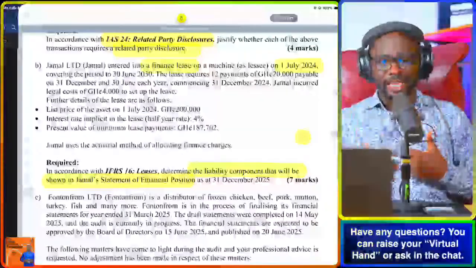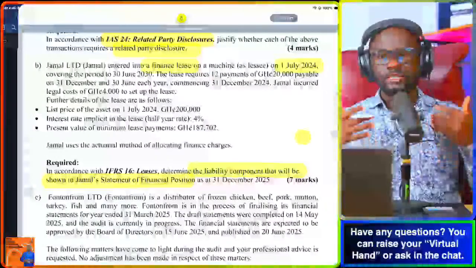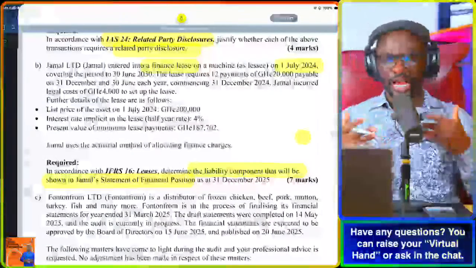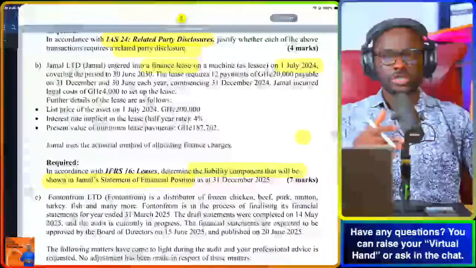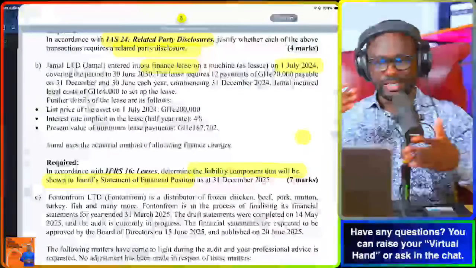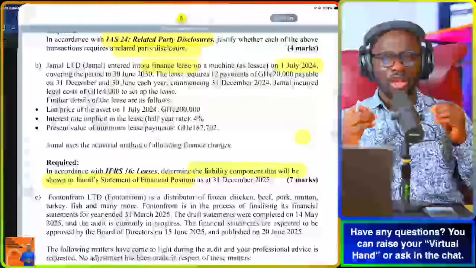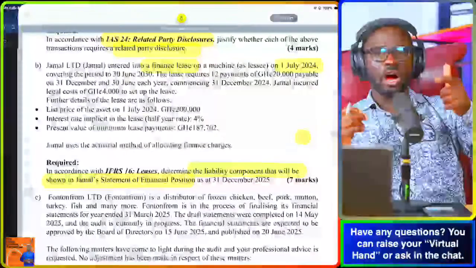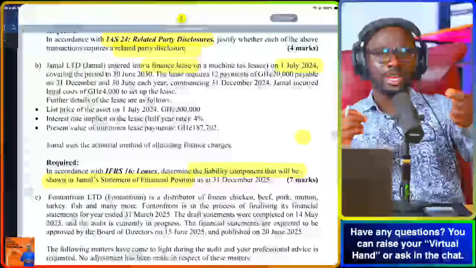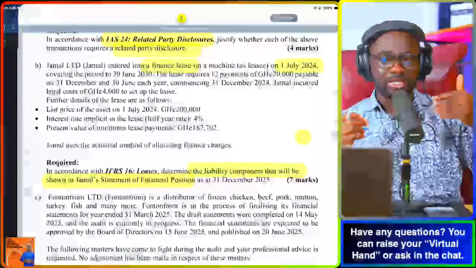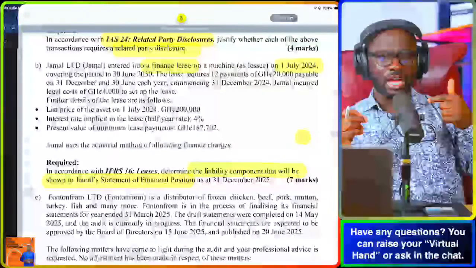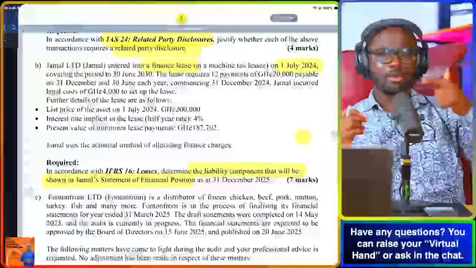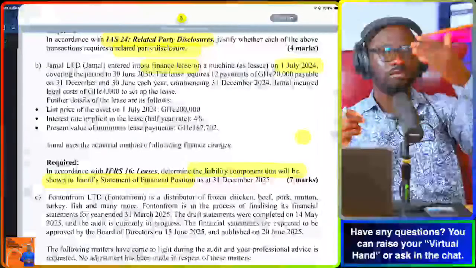The lessee is going to just account for the lease by the default method, that is recognize right of use and recognize the lease liability, and then depreciate the right of use over the lower of the lease term and the remaining useful life. But if it is certain that there will be transfer in the ownership of the asset at the end of the lease term, then we use the economic useful life to depreciate the asset.